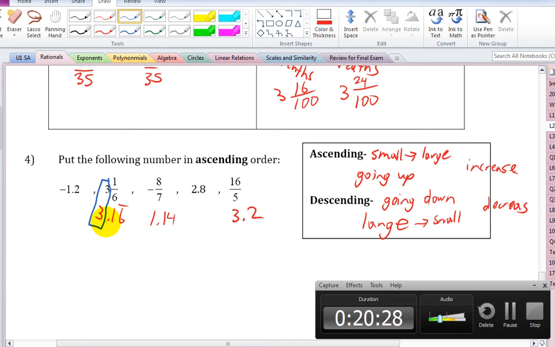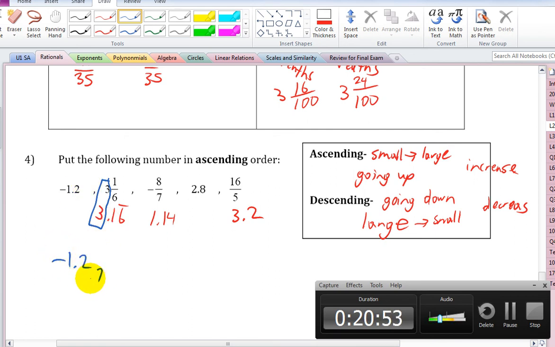Okay, what's the order? First fraction, Kyle. Nope, we're going in ascending order, so we're starting at the smallest. A couple of them have negative signs. Good, negative 1.2, that's the smallest.